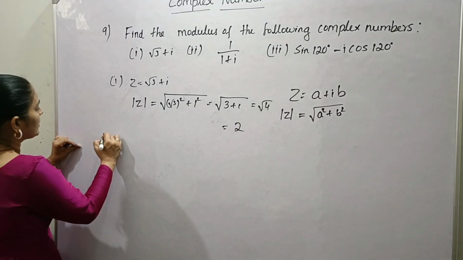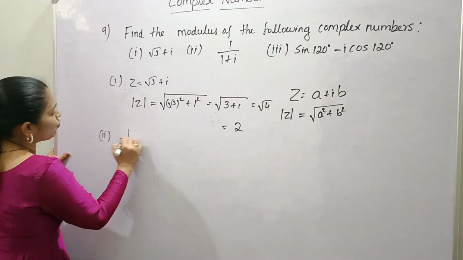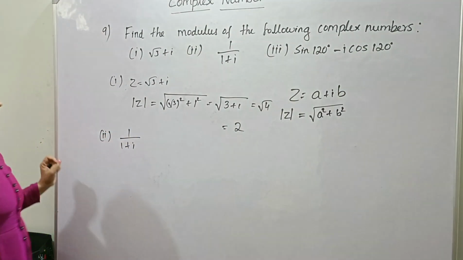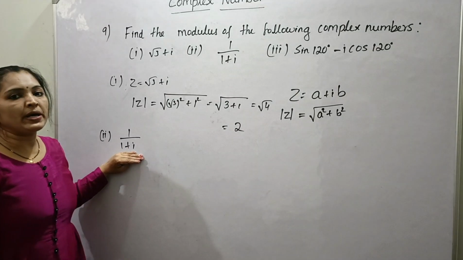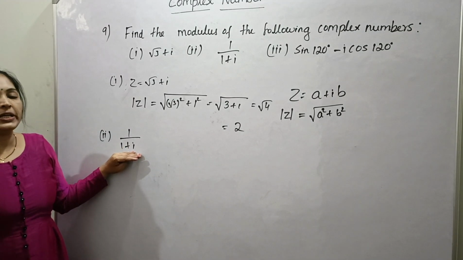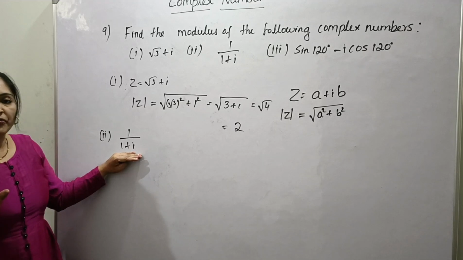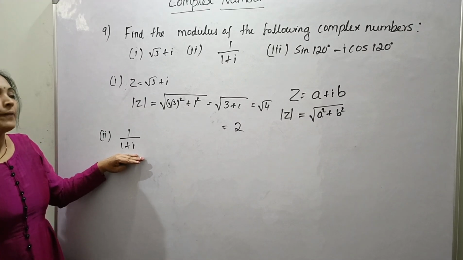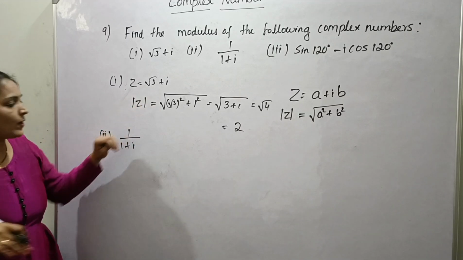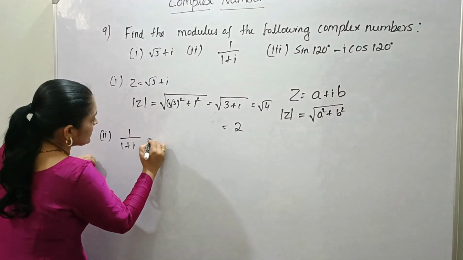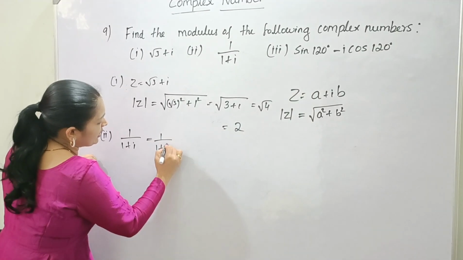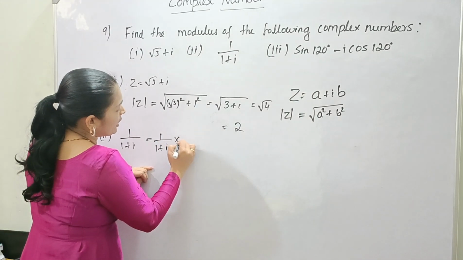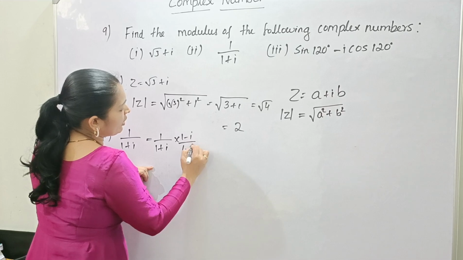Next, second one. 1 by 1 plus i. See here, this given complex number is not in the standard form, that is a + ib. So first of all we have to make it in the form of a + ib, then we will find the modulus. That is 1 divided by 1 plus i into 1 minus i divided by 1 minus i.